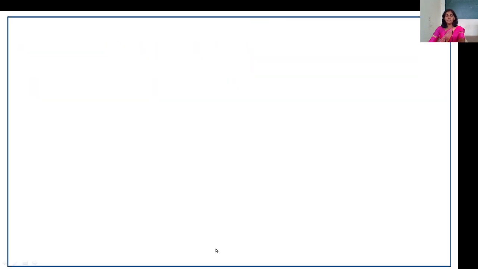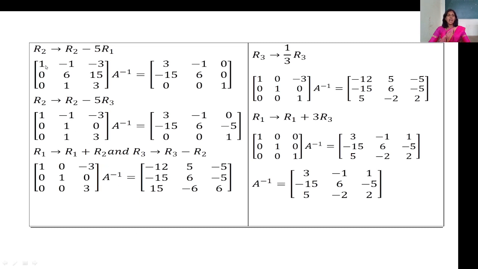Then R2 gives R2 minus 5 R1. We use another transformation. So we kept R1 and R3 as it is and we make a transformation in R2. We will get 0, 6, 15, minus 15, 6, 0.